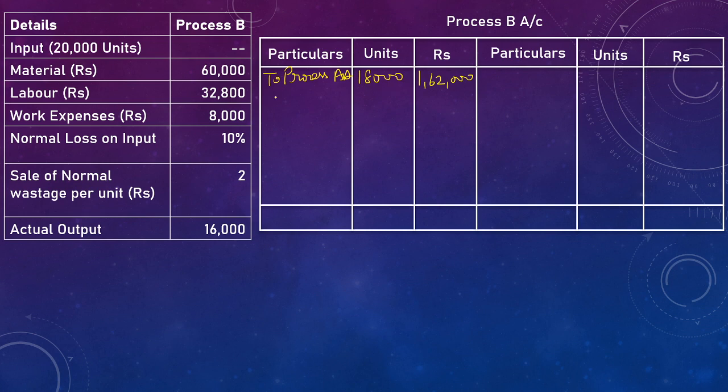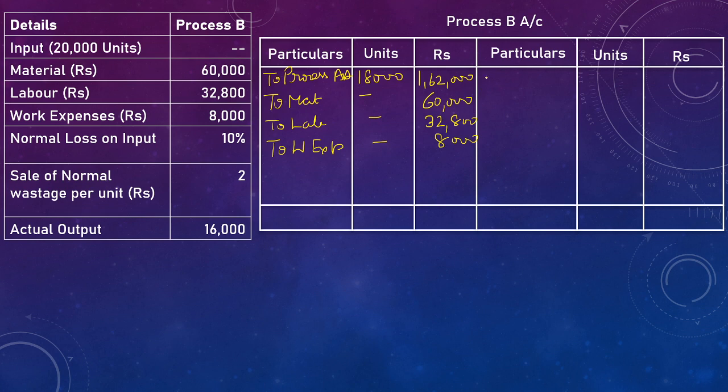Now additional expenses of this process comprise, number 1, to material costing rupees 60,000, to labor costing rupees 32,800, and work expenses incurred in this process costing rupees 8,000. So these are our total costs which are debited in the process account.